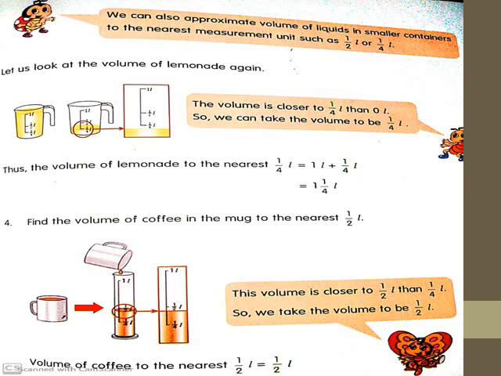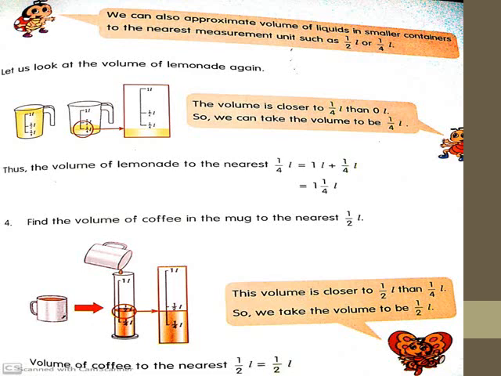So we are taking again the same example of volume of lemonade here, and when we put lemonade in the beaker, one beaker is full and in another beaker we see that it has less than quarter liter. So the volume is closer to quarter liter here, not half liter.